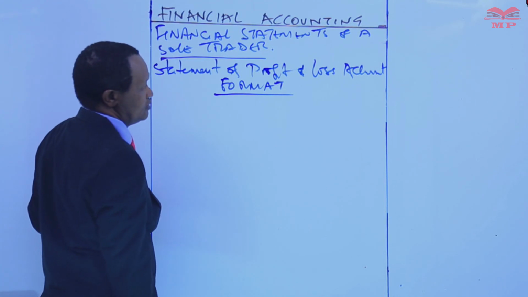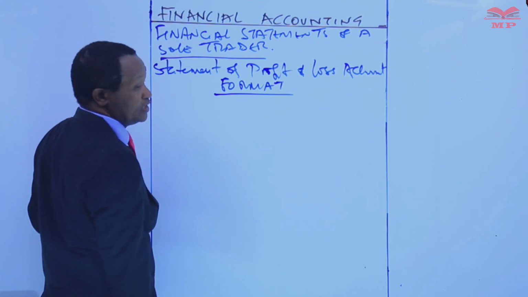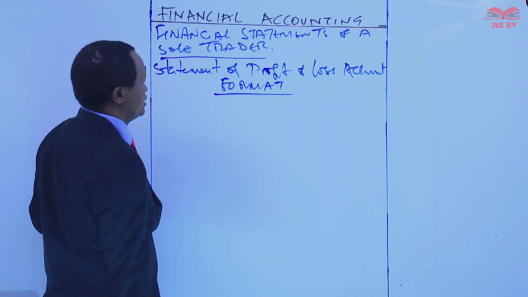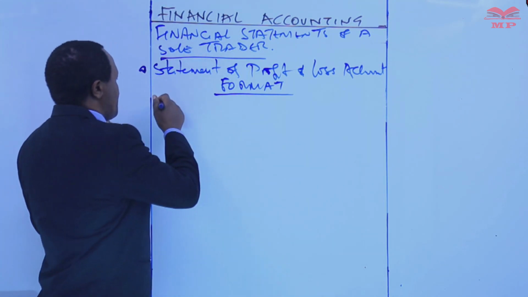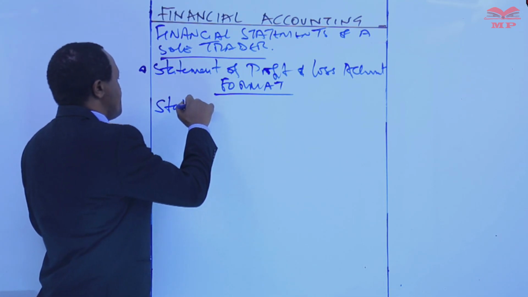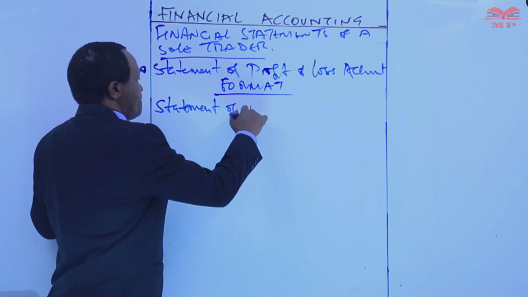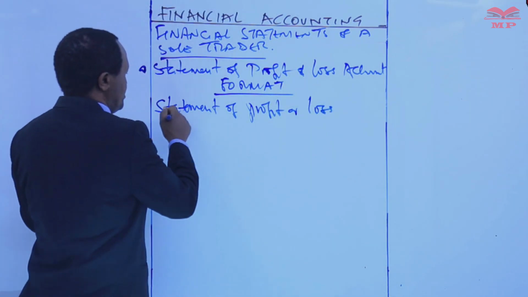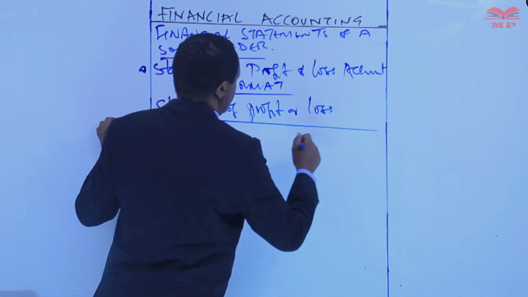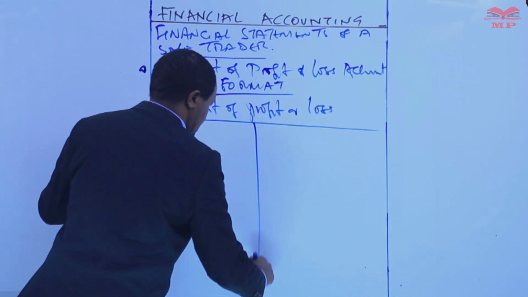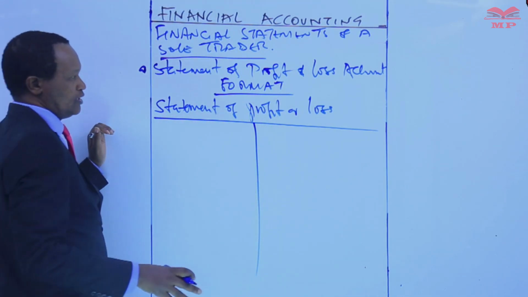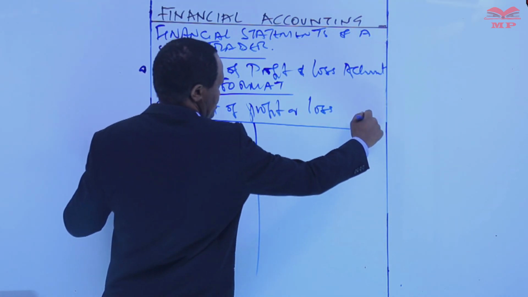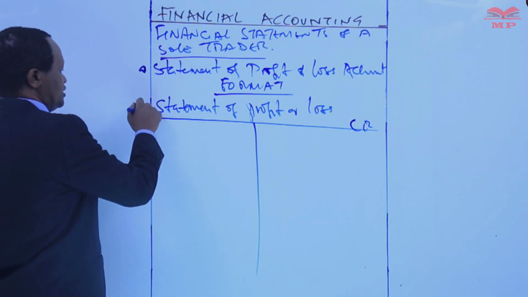The conventional, the traditional format, the T account. The statement of profit or loss may be prepared in form of a T account, where we record the revenues on the credit side and expenses on the debit side.